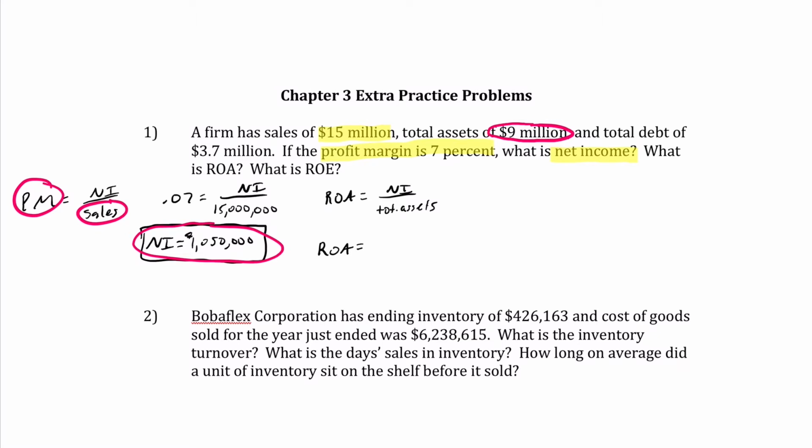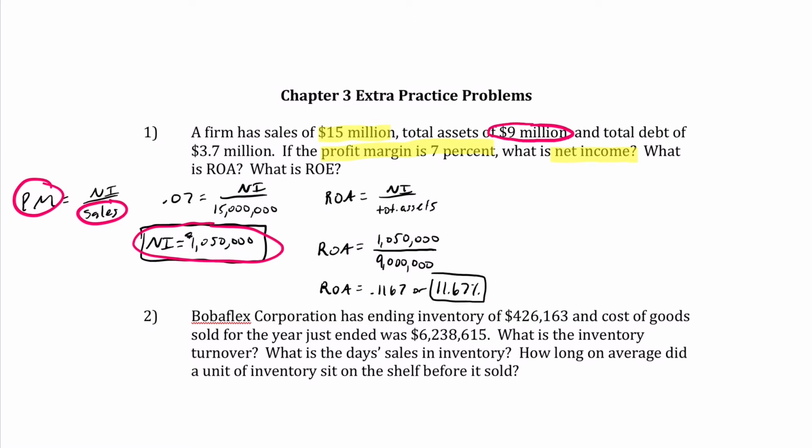So I have a net income of 1,050,000 I just solved for, divided by the total asset base of 9 million, and I get an ROA that is equal to 0.1167, or this ROA is typically listed as a percentage, so it's 11.67%.